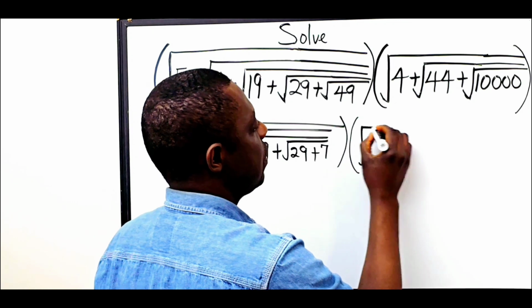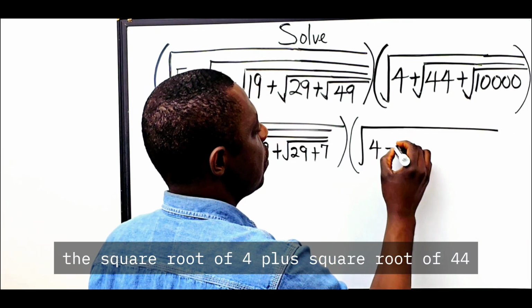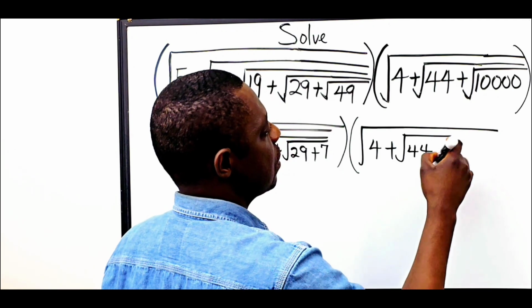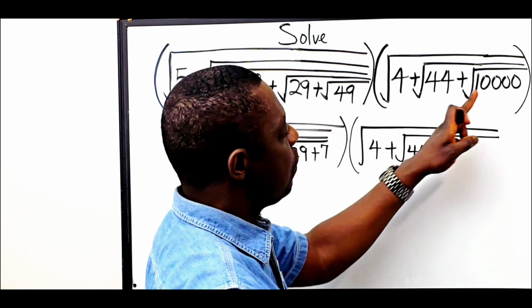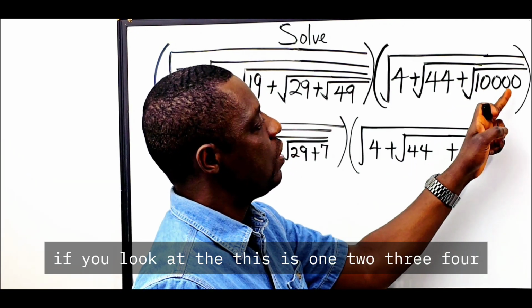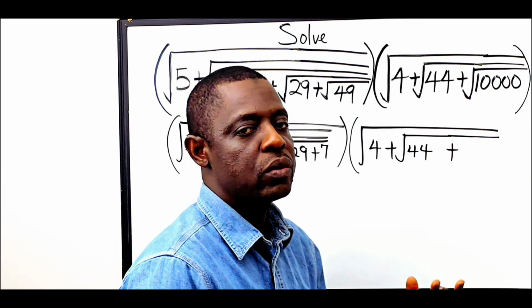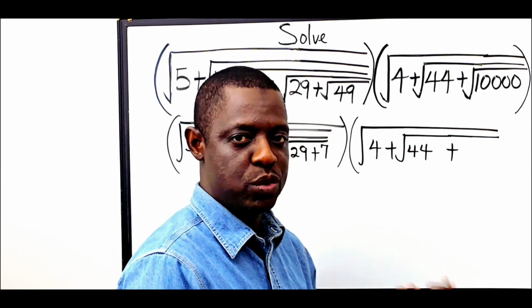So we have the square root of 4 plus square root of 44 plus, if you look at it, this is 1, 2, 3, 4. That means it's 4 zeros. Then if you find this, what is the square root of 4? The square root of 4 is 2.